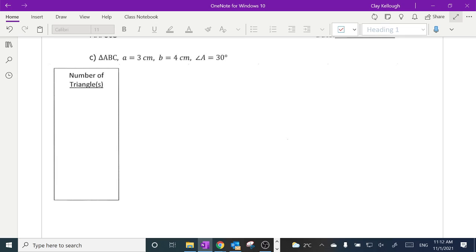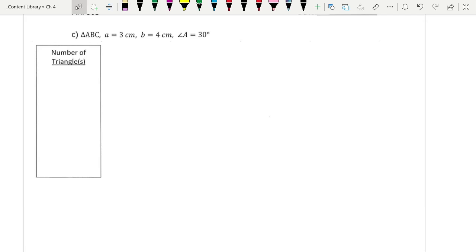So A is smaller than B, but it's bigger than half. We know half again because of this 30-degree angle. But we can check, right? Again, height would be B times sine of A, which is 4 times the sine of 30. And I don't need to punch this because I do know that the sine of 30 is a half.